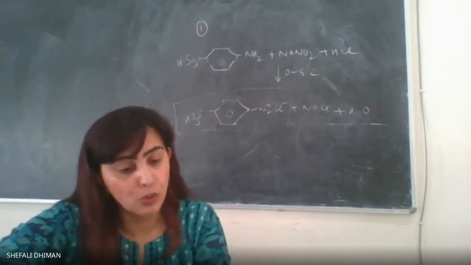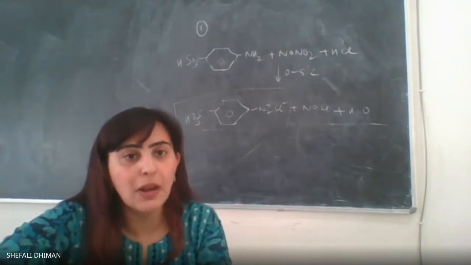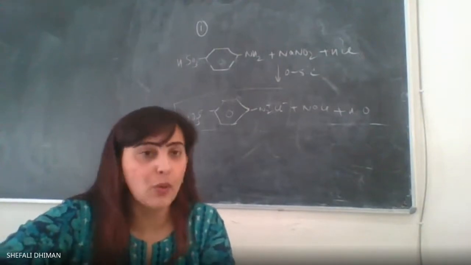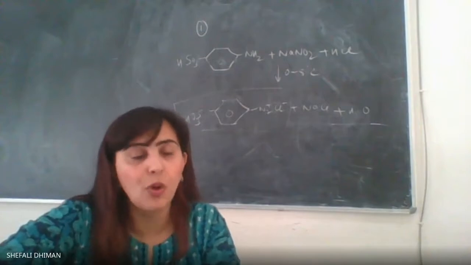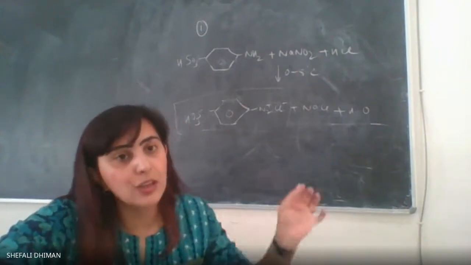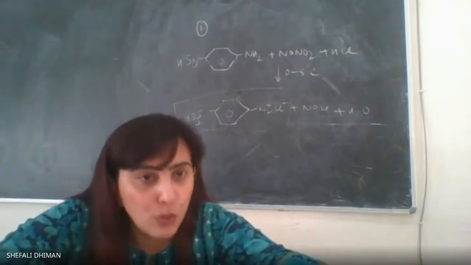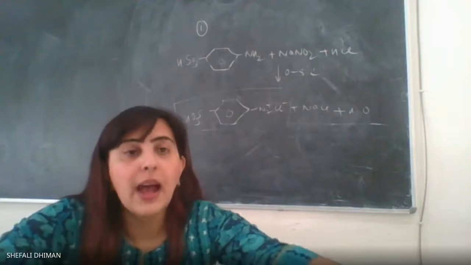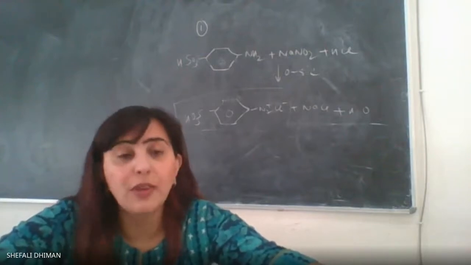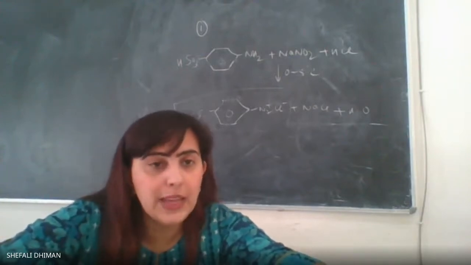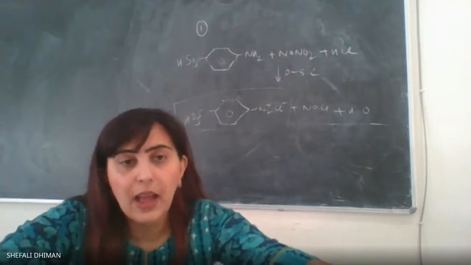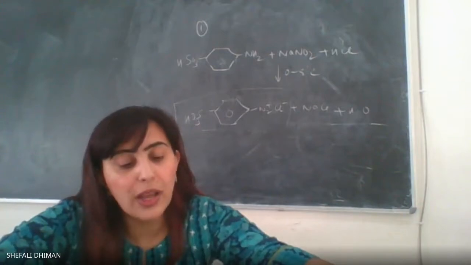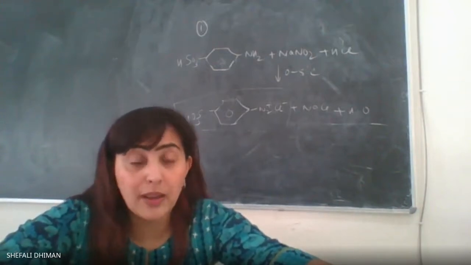After it has been cooled, you will take 8 ml of concentrated HCl in 15 ml water, that is, you dilute the concentrated HCl, and add it to the solution which you have cooled in step number 2. So you have taken concentrated HCl, added water to it, approximately 8 ml of concentrated HCl along with 15 ml of water, and you start adding the solution you have prepared to it.